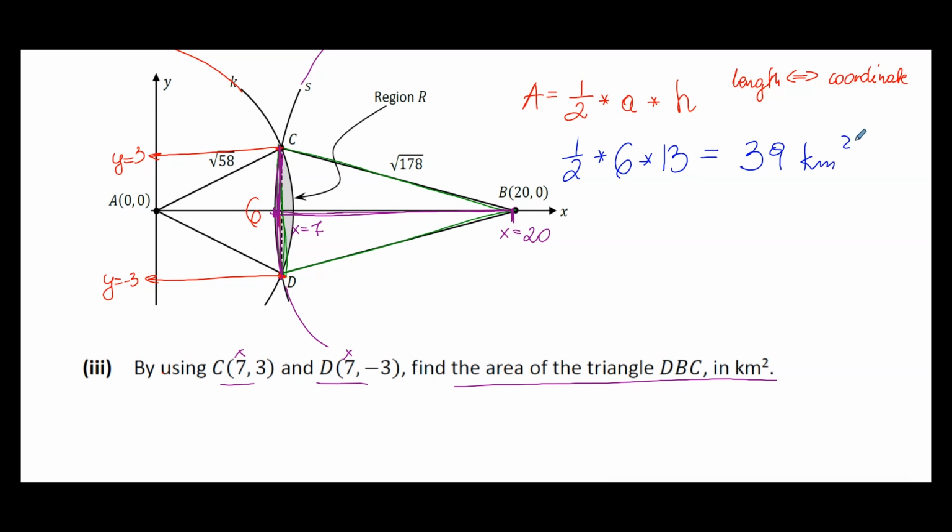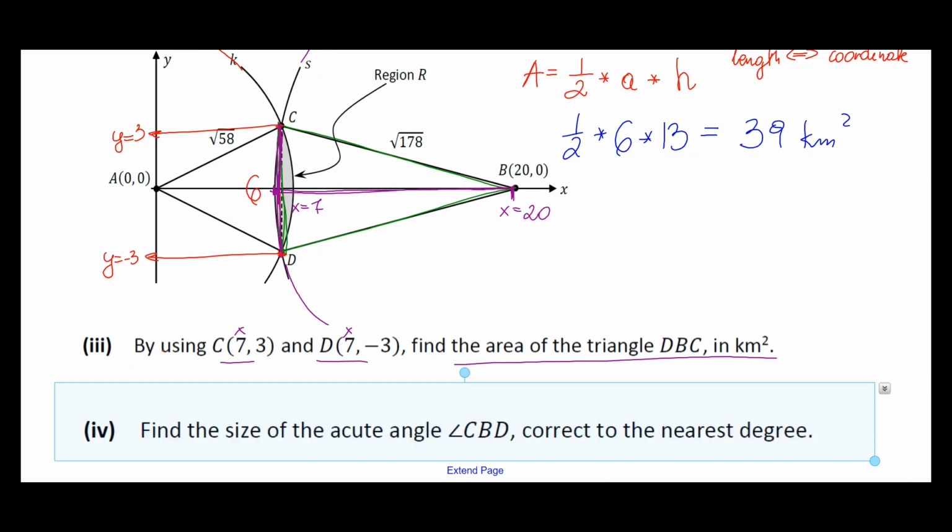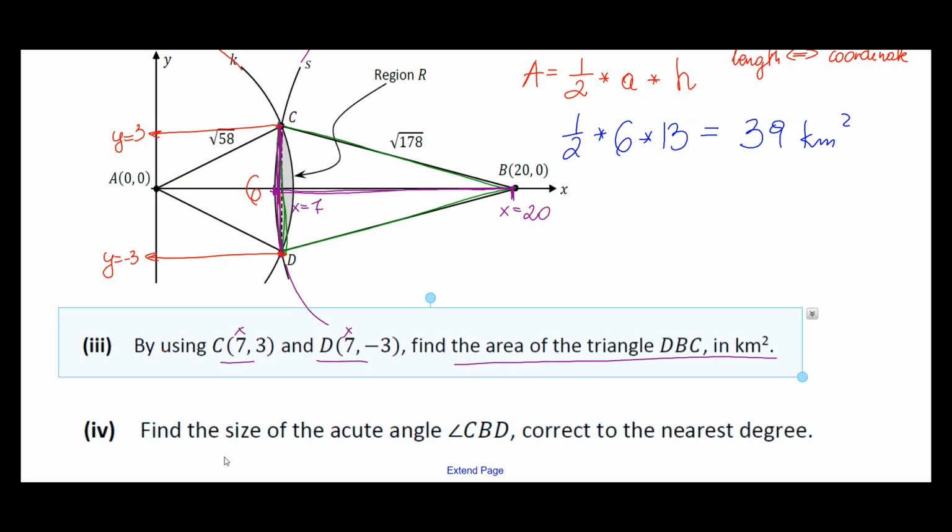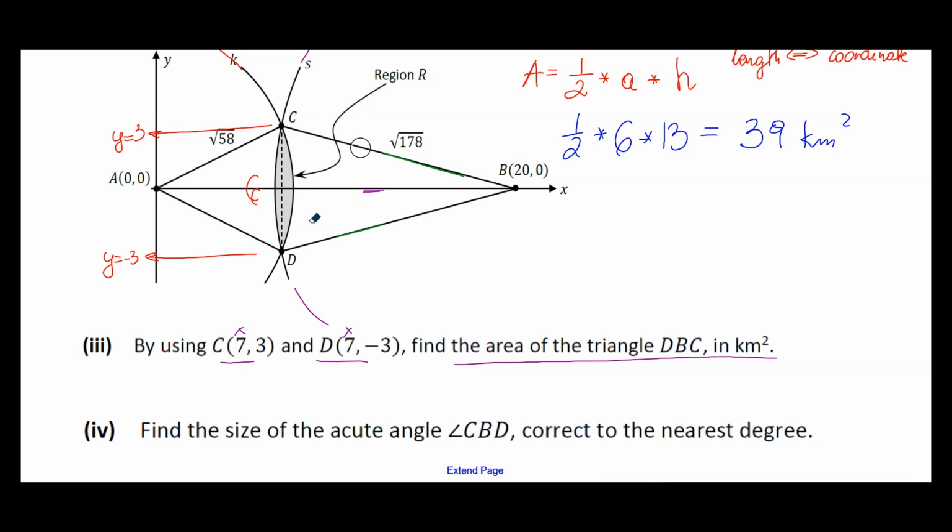Okay, let's have a look at the next part of this question. It says find the size of the acute angle CBD, correct to the nearest degree. Let's discover where that is on our drawing. CBD. So this is the angle I need to find.